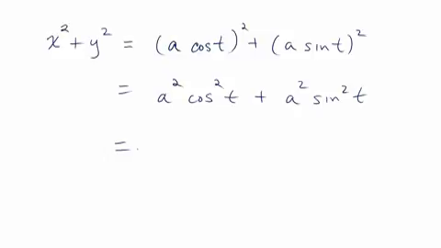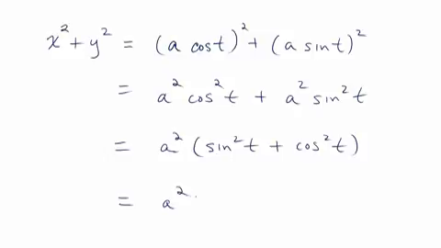Factoring out a squared, we have a squared times the quantity sine squared t plus cosine squared t. Sine squared t plus cosine squared t is equal to 1, giving us a squared. So we have x squared plus y squared equals a squared, which is the standard form equation of a circle whose center is at the origin 0, 0 with radius a.